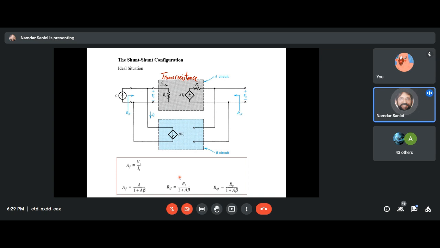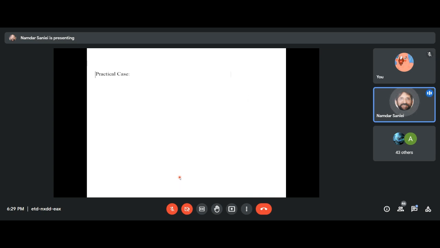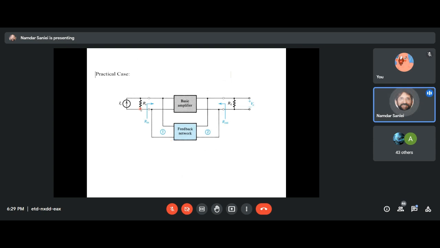And as usual, after ideal, we go to the practical case. In the practical case, obviously we do have RS, we do have RL. Not only that, but also inside the feedback network, we do get some additional components. But before we get into that, what kind of two-port network do you think we should use in this case?